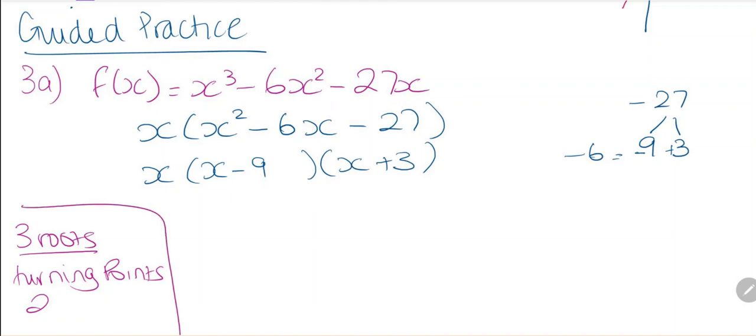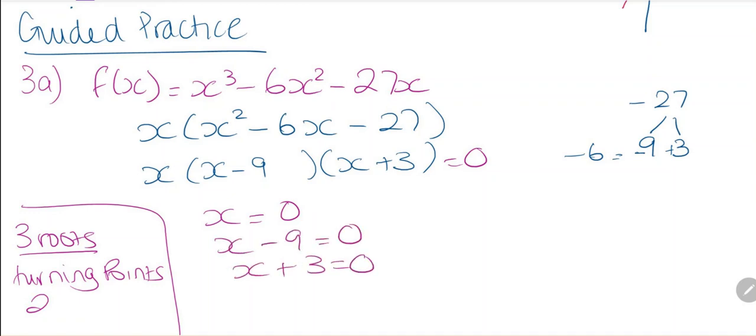Now for the roots, we make this equal to 0, so x is equal to 0, x minus 9 is 0, and x plus 3 is 0. So x is at 0, x is at 9, and x is at minus 3.